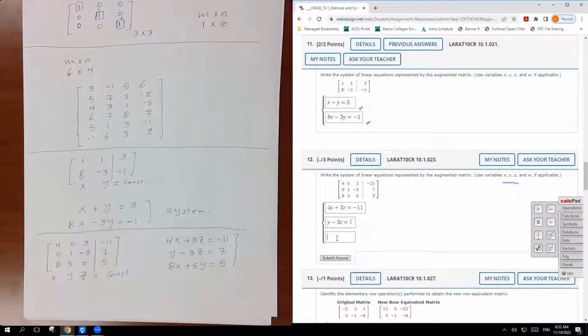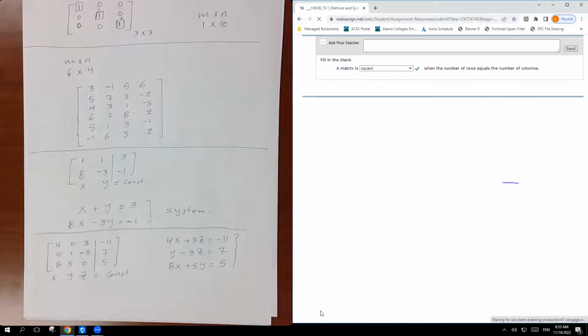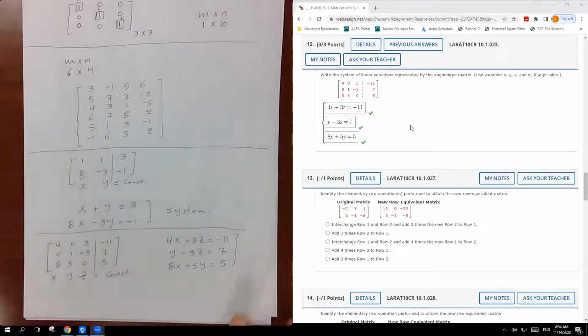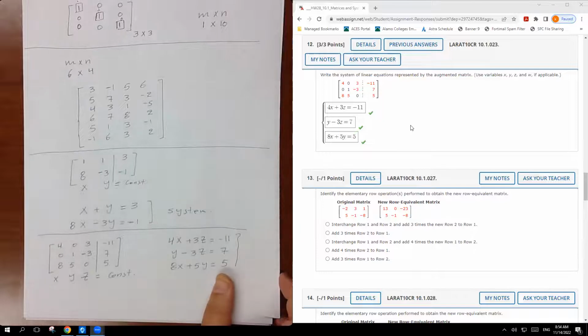And the third one is 8x plus 5y equal 5. We got example 12, right? Let's move on to example 13.